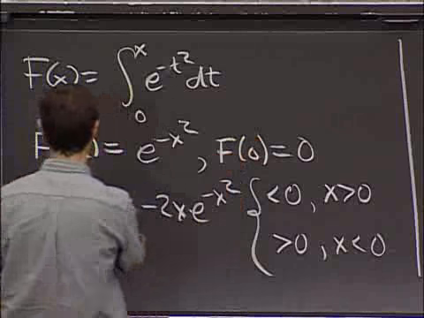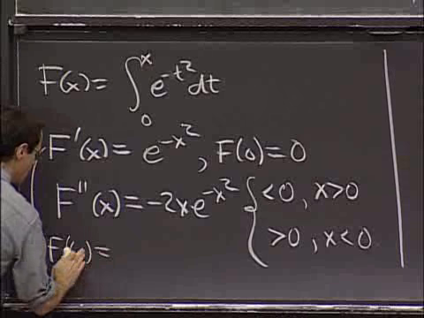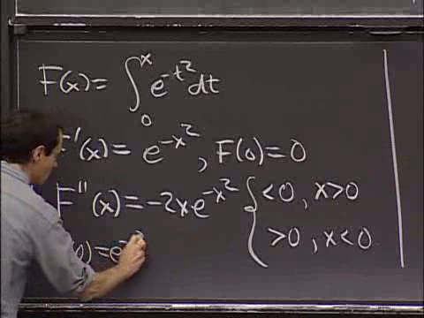And maybe to get started, I'll remind you, f of 0 is 0. It's also true that f prime of 0 just comes right out of this. F prime of 0 is e to the minus 0 squared, which is 1. That means the tangent line again has slope 1. We do this a lot with functions.